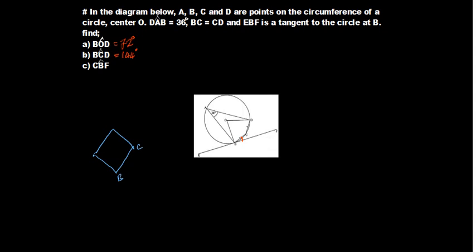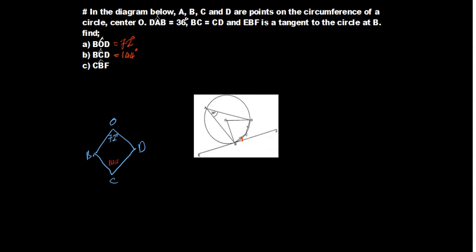Let me name this as my O, this as my B, this as my C, and this as my D, like that. Now I know that my O, I found 72 degrees. Then my C, I found 144 degrees, like that.